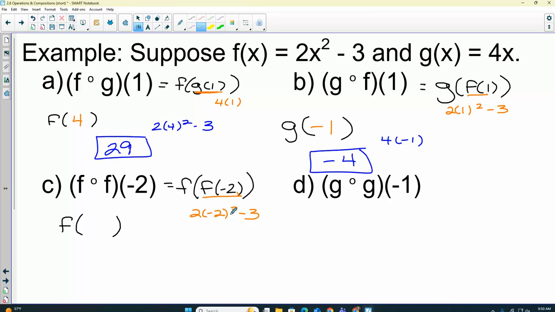So negative 2 squared is 4, times 2 is 8, minus 3 is 5. Then I plug a 5 into my f. So 2 times 5 squared minus 3. 5 squared is 25, times 2 is 50, minus 3 is 47.